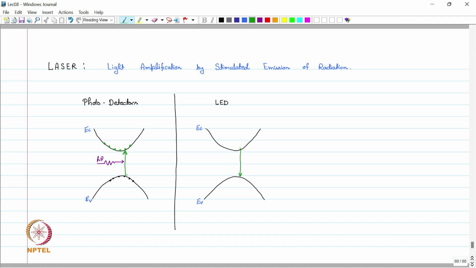In this process, the electron is losing energy, and this energy comes out in terms of a photon, h nu. So this is a photon which is generated by the hopping of this electron from conduction to valence band.